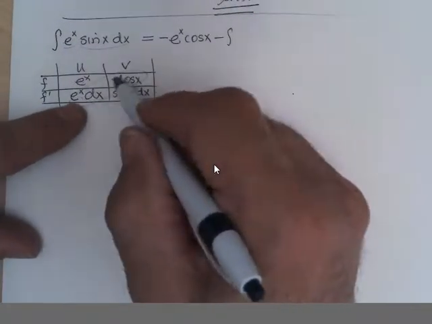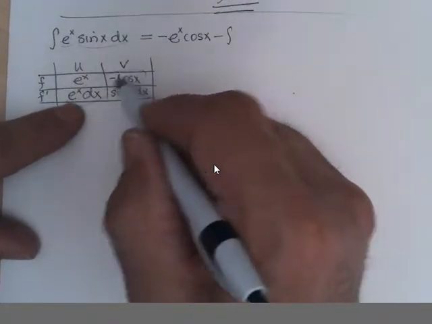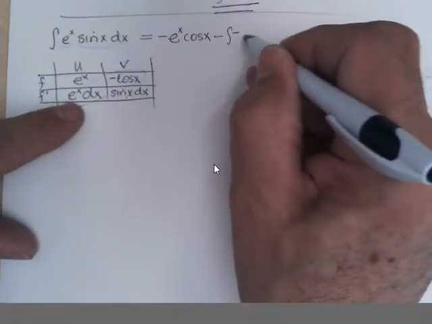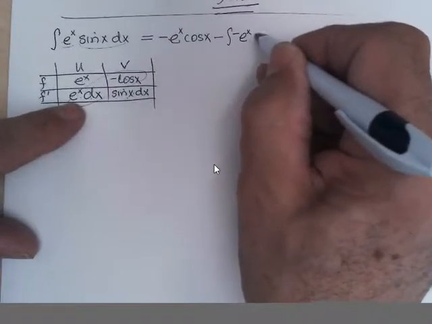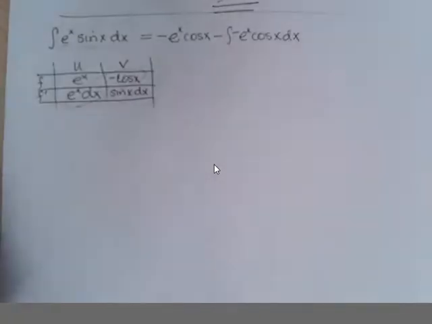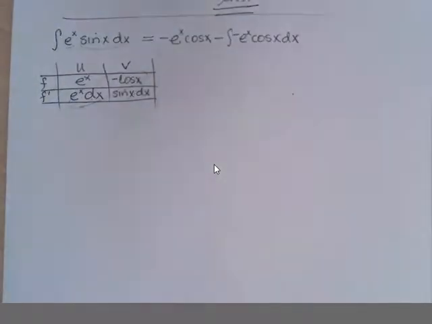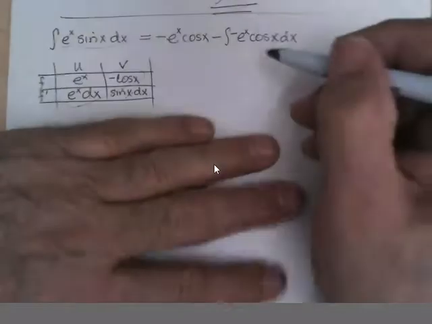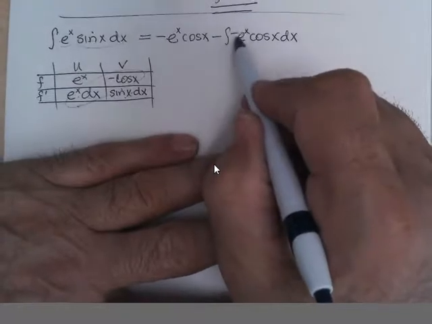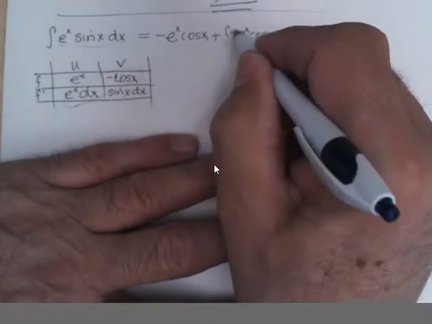It's minus e to the x cosine x dx, minus e to the x cosine x dx, which this minus can be pulled out, this minus 1, and make that a plus, so we got plus.